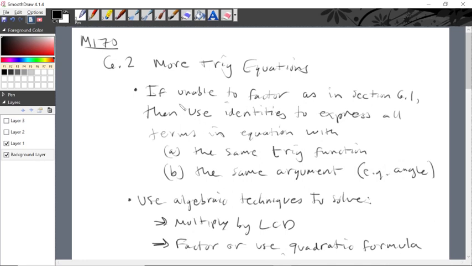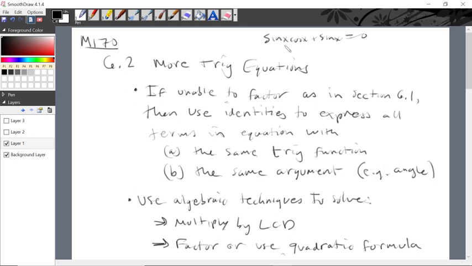If we can express it as a product of factors equal to 0, then we can set each factor equal to 0. An example like that, where we could factor to solve the equation, might be something like sine x cosine x plus sine x is equal to 0.